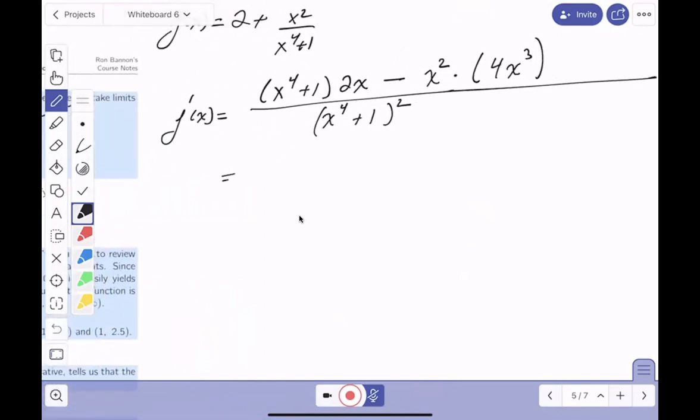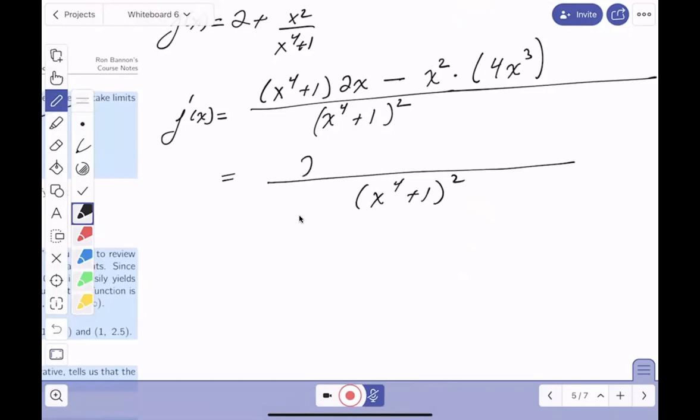Right, that doesn't look too bad. Now I'm going to divide through by the highest degree, I should say factor x^4 plus 1 that's shared by all of them. Well, none of them. I'm not going to do that. I was hoping.